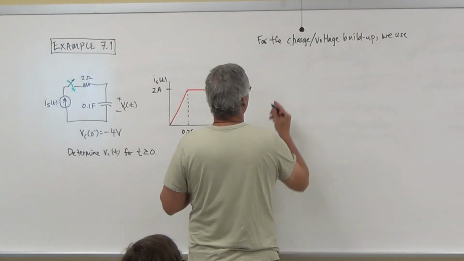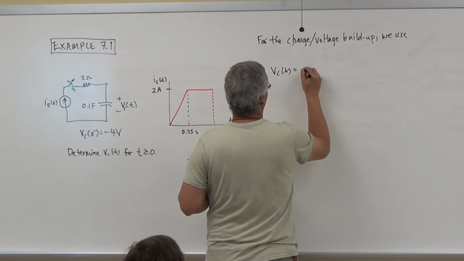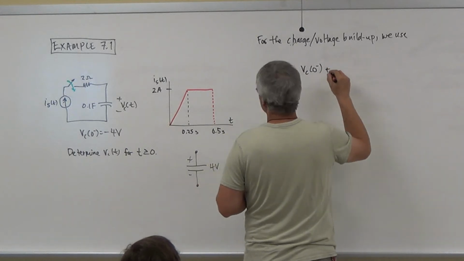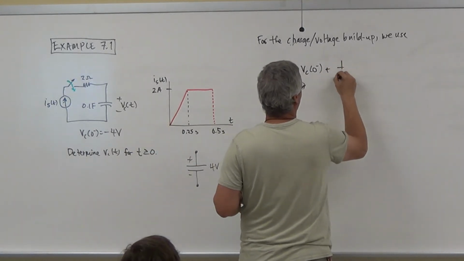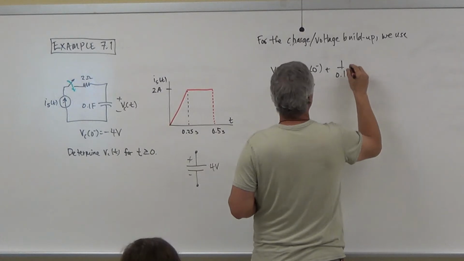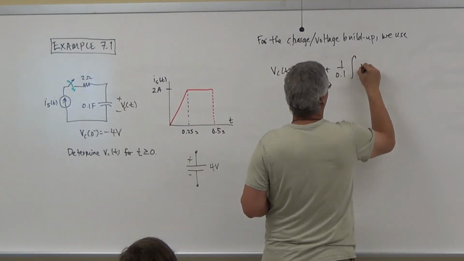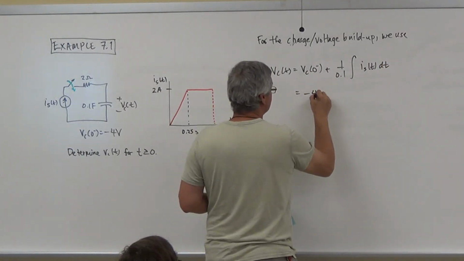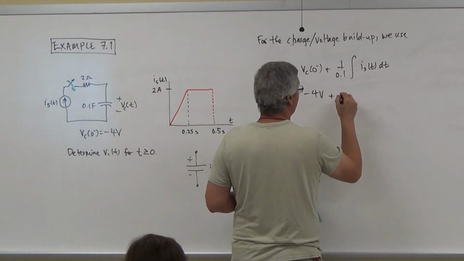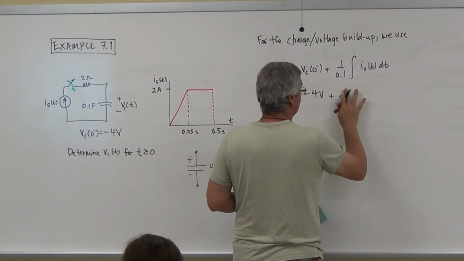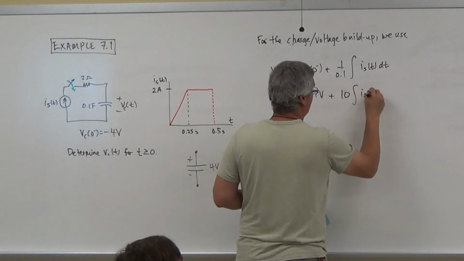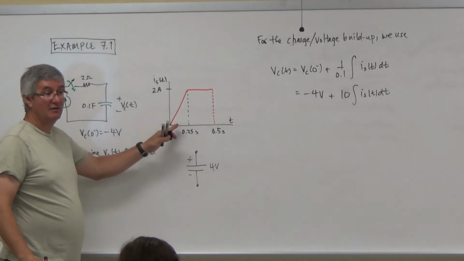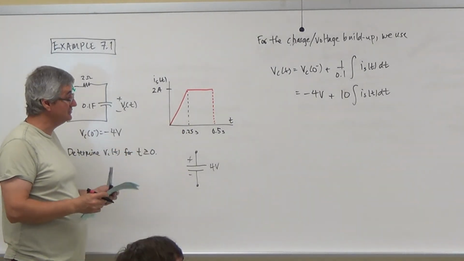So if I'm looking at this, I have the initial voltage, plus the capacitance, in this case 0.01 farad, and then I'm going to integrate I source of t dt. So if this is minus 4 volts, then I'm going to have to break up this integral into 2 different regions, because there's a discontinuity as far as the integration is concerned.